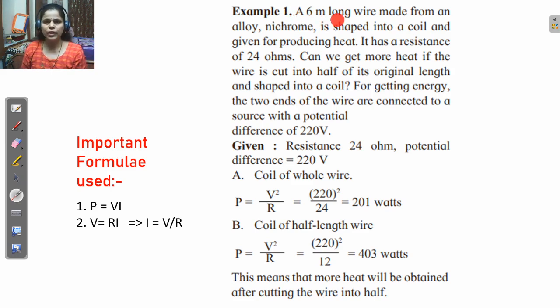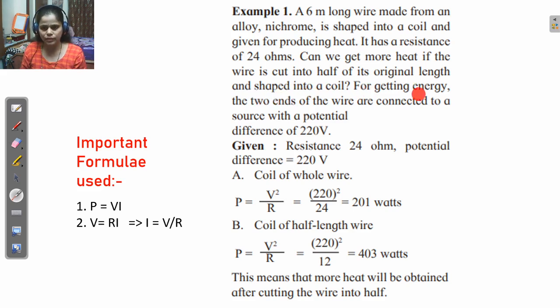A 6-meter long wire made from an alloy nichrome is shaped into a coil and used for producing heat. It has a resistance of 24 ohm. That means the resistance R is given. Next, can we get more heat if the wire is cut into half of its original length and shaped into a coil?